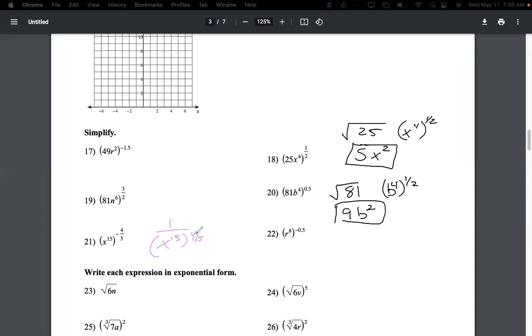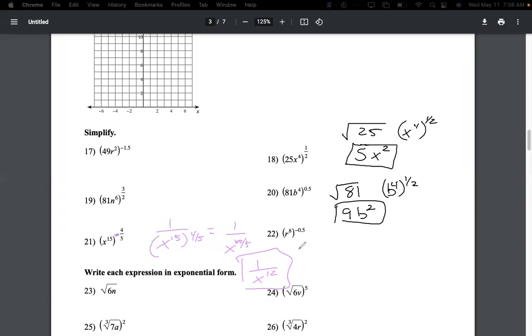So what's 15 times 4? 60. And then what's 60 divided by 5? 12. So this will be 1 over x to the 12th power. That's it. So again, that negative makes it flip, and then we take the exponent, raise it to the exponent, so multiply those two and then simplify.